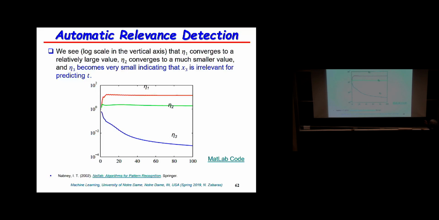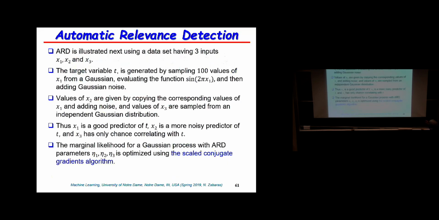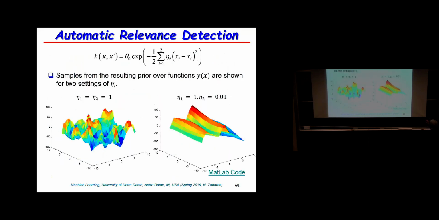So everything you learned about automatic relevance determination, you can do by using kernels that have this form, where the length scales are being computed. When you find that the inverse of a length scale is very small, you can get rid of that particular dimension because it does not affect your observations.